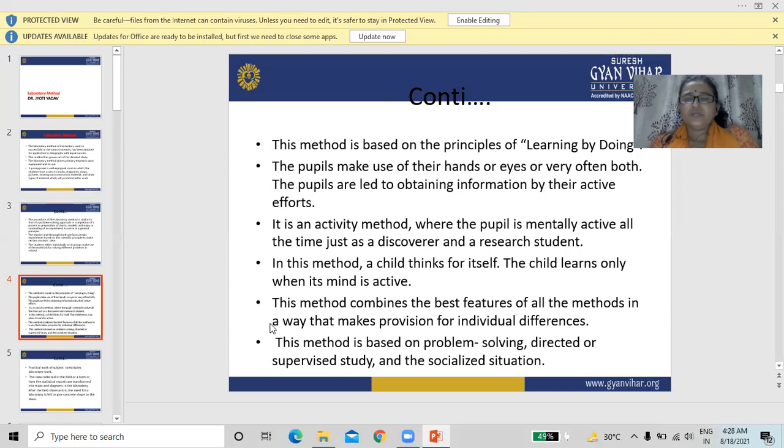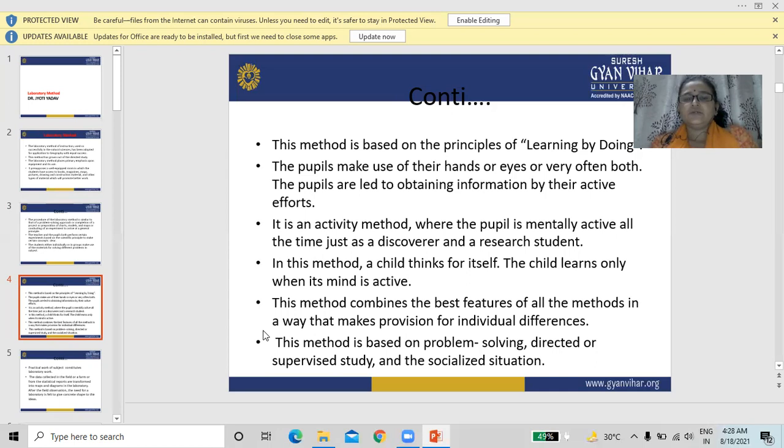This method combines the best features of all the methods in a way that makes provision for individual differences.